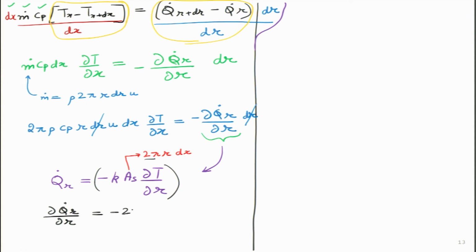So, it will become 2 pi minus 2 pi k. Dx also I can take outside because it is a partial derivative with r. What will remain inside will be simply del by del r into r, del t, del r.